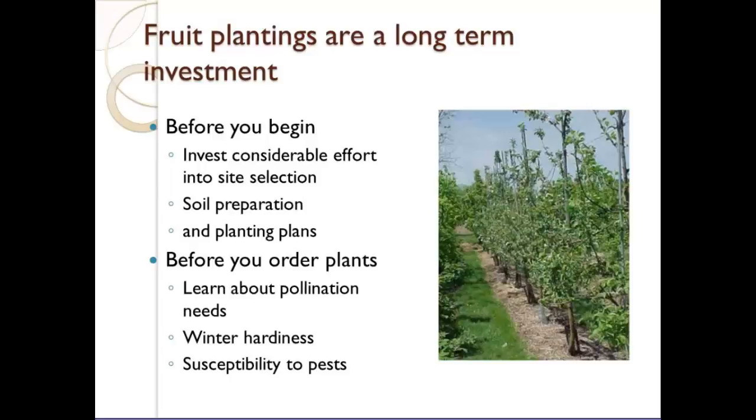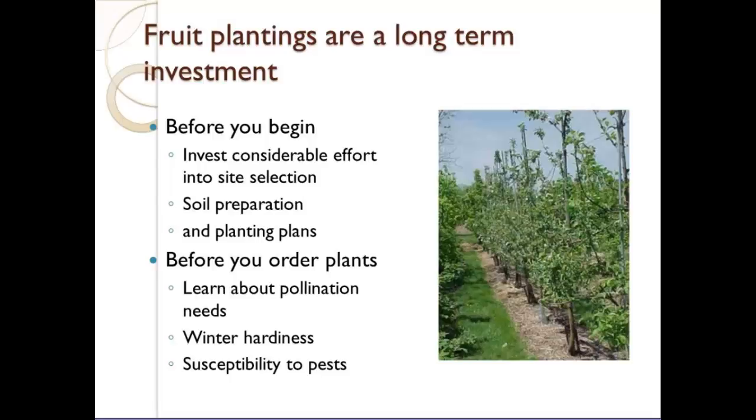So we're going to be talking about some soil preparation and planting. Before you order the plants, some of the things you need to know are the pollination needs of plants. Some of these plants require another cultivar to have pollination occur. We're going to talk about which plants require that and which can stand on their own. This becomes important for a small orchard, because small orchards tend to have a lot more diversity in plants, as opposed to a large orchard that tends to have large blocks of the same tree.